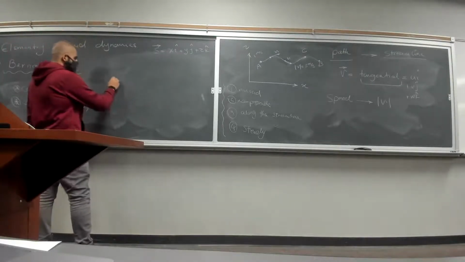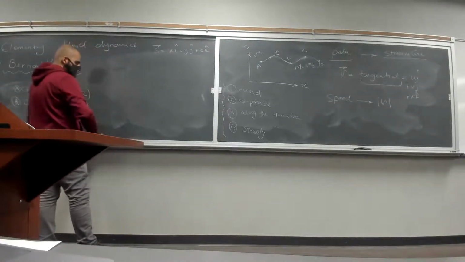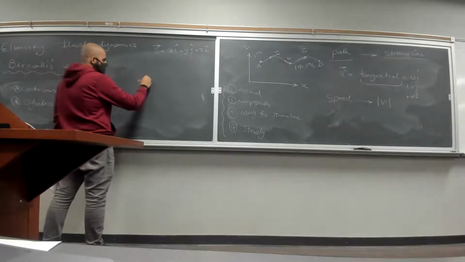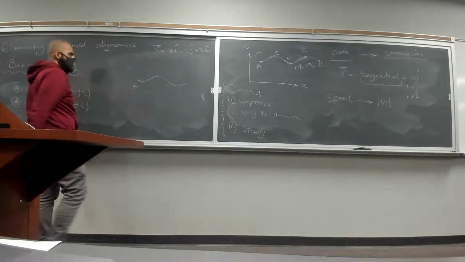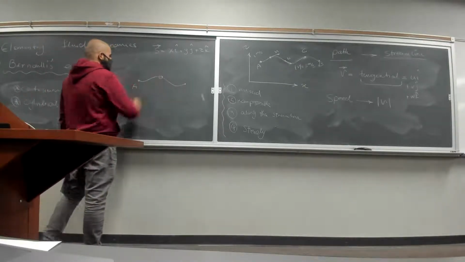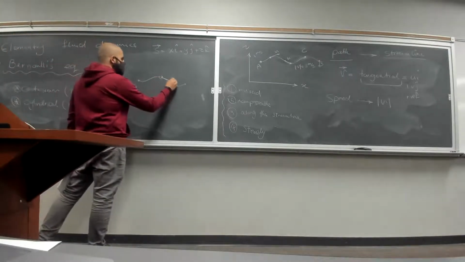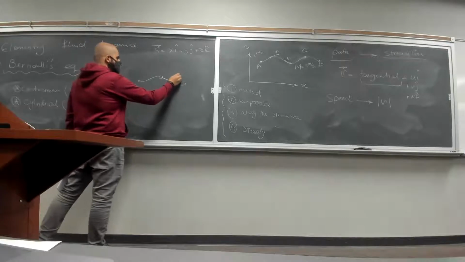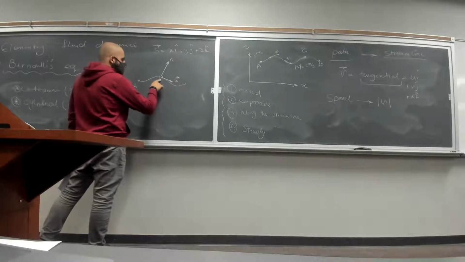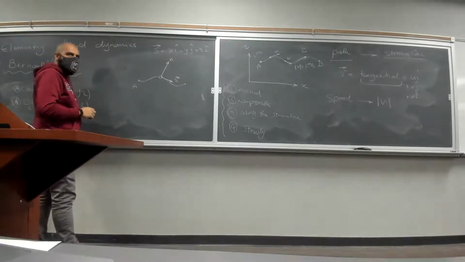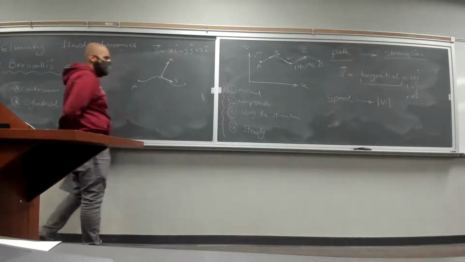To find the acceleration, let me magnify a part of this streamline here for you. Let's say this is point A, and this is your particle here on the streamline. To find the acceleration, we have to define 2 position vectors: position vector S and position vector N. So this is your position vector along the streamline, right? And a position vector that is normal to the streamline.